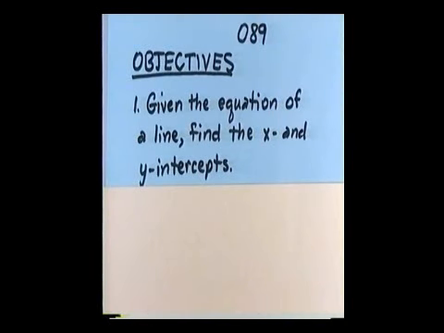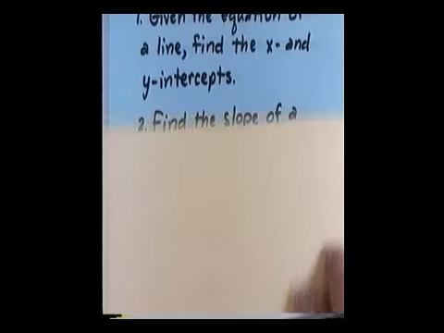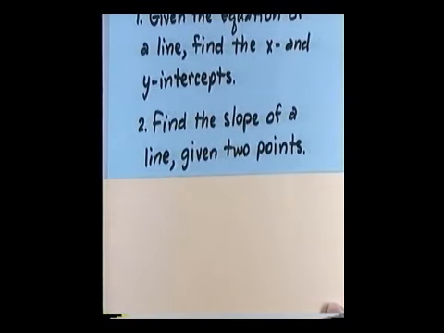Our first objective is, given the equation of a line, find the x and y intercepts. Second, find the slope of a line given 2 points.